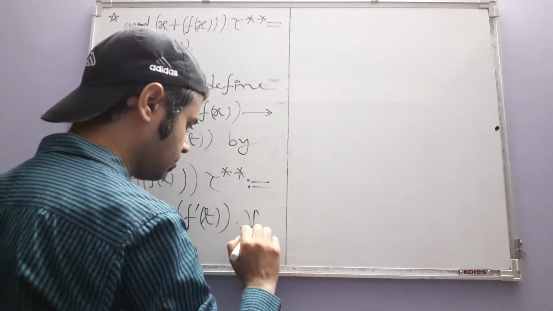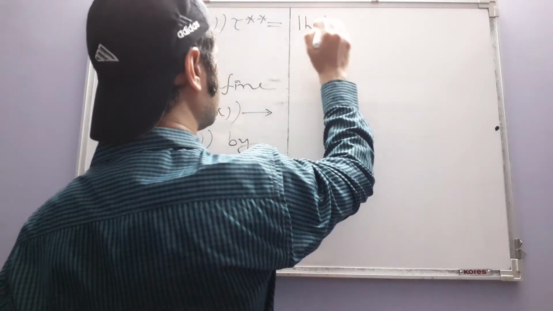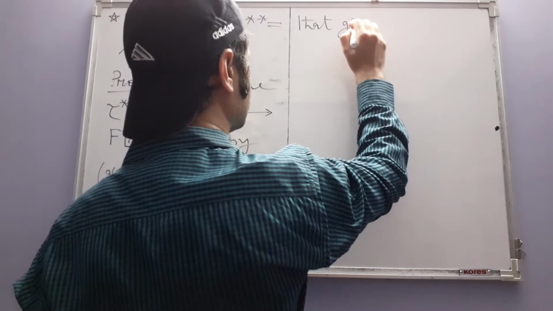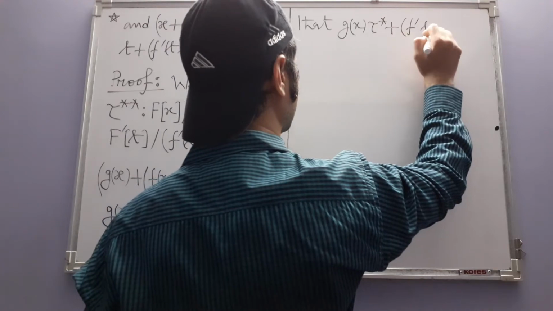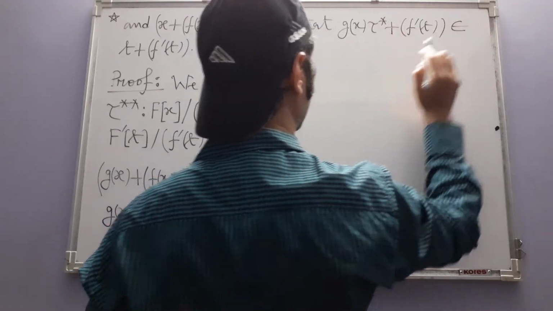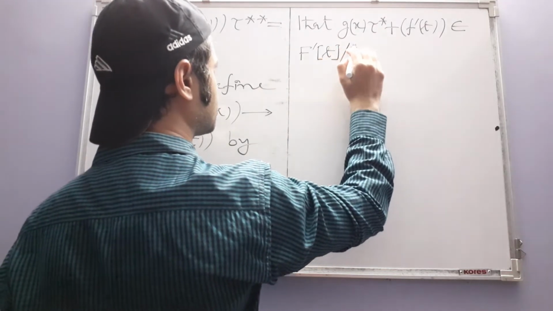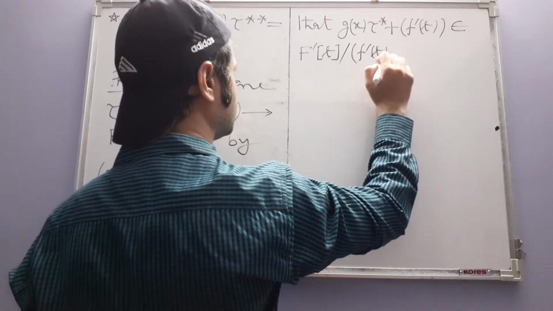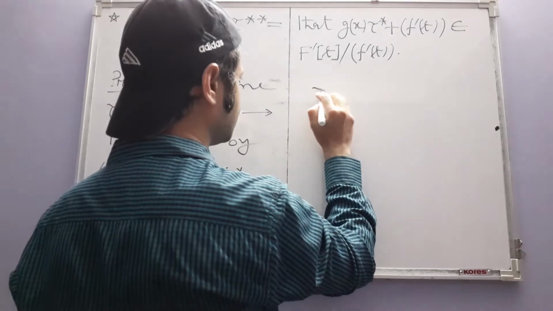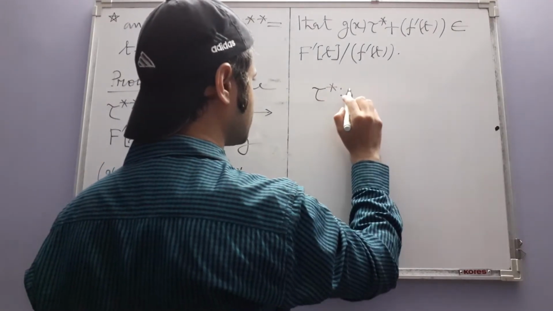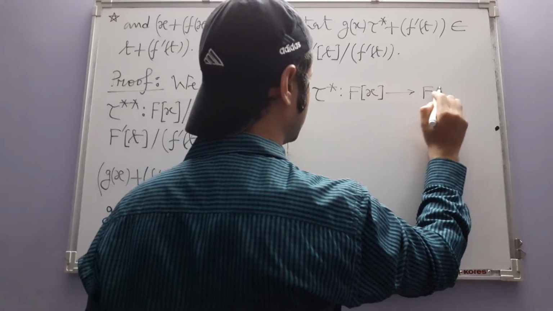Note that g(x) tau star plus f prime(t) belongs to f prime(t) quotiented by f prime(t). But how? Recall that tau star was an isomorphism of F[x] onto F'[t], right?